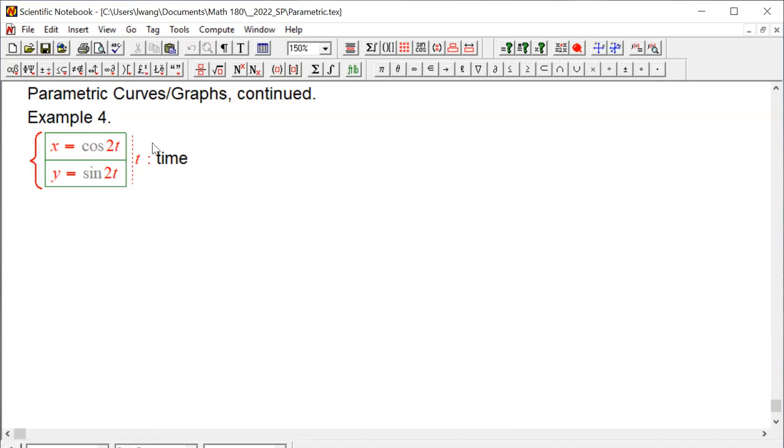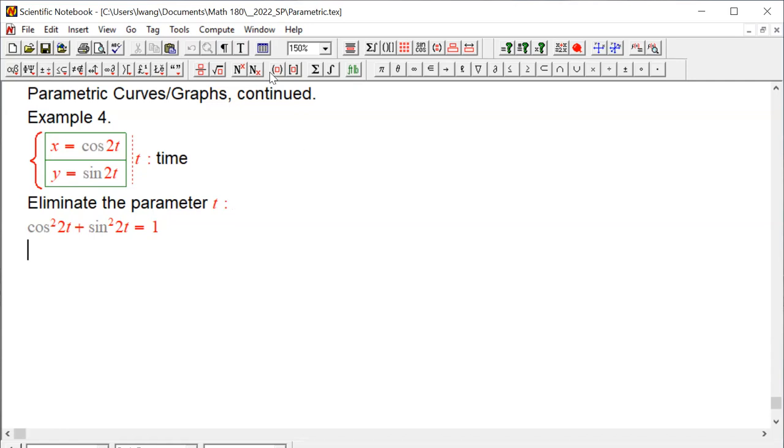First of all, if we convert it to a rectangular form, if we eliminate the parameter t, we will get cosine squared of 2t plus sine squared of 2t equals 1.